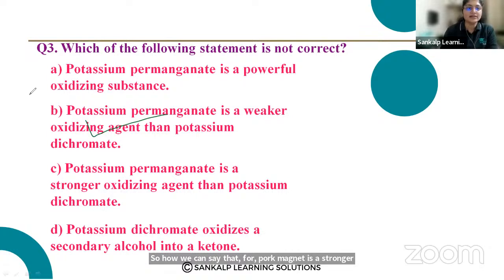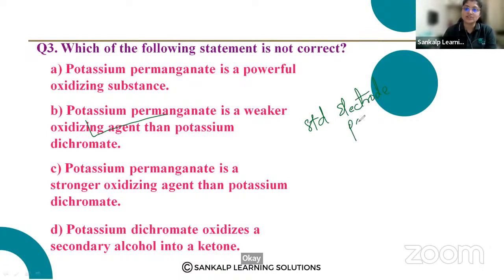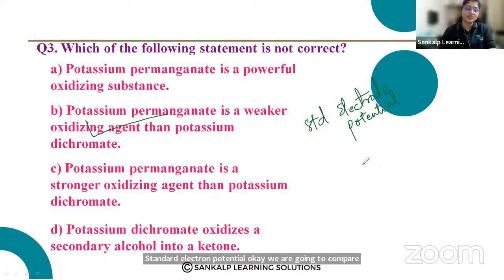We will be considering the standard electrode potential and comparing those values.